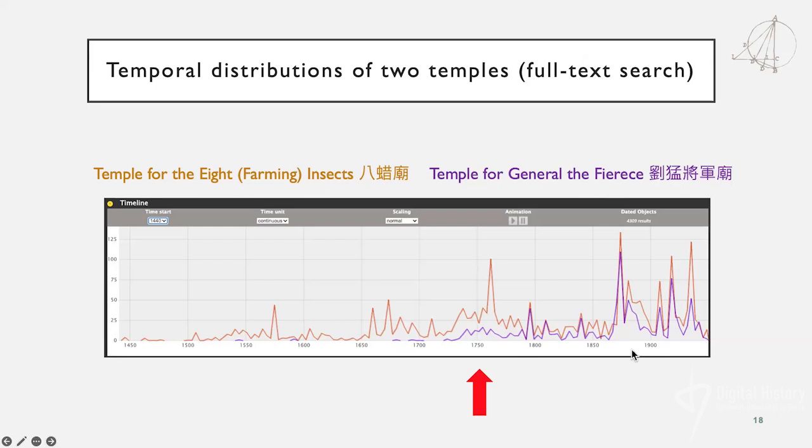Later on, when I talked to another scholar who was working on religious studies, he told me that this second temple name was actually implemented by the emperor. So it is a kind of official temple. These are not local temples like the first one. These blue ones are official temples, a top-down decision from the emperor, from the court, to establish these kinds of temples.